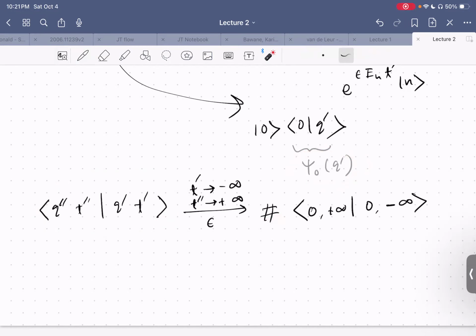So the point here is that whatever transition amplitude you have in mind, if you start from far past and you go far enough in the future, it always becomes proportional to the vacuum to vacuum transition amplitude. Okay, and so because of this reason, people will often simply discuss how to compute vacuum to vacuum amplitude starting from infinite past and going to the infinite future.